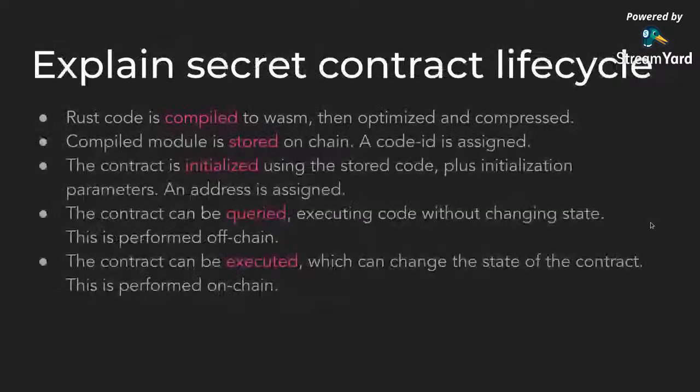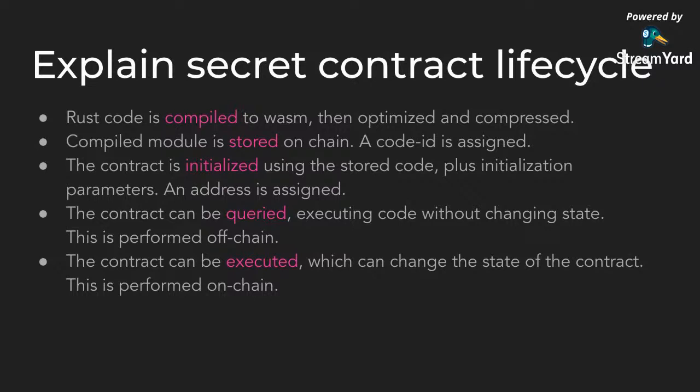So the first thing we need to understand is how contracts on the network behave, their full life cycle, as we call it here. The first step is obviously you need to have some code, and the contracts are going to be written as a regular Rust module, Rust library or crate for people that know the terminology.